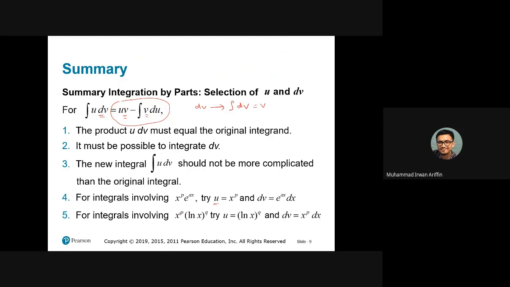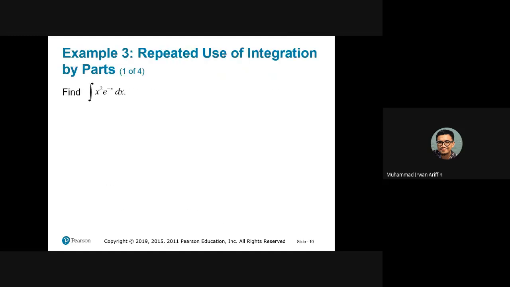For integrals involving the product of x and the natural log, always try to define u to be the natural log. These are all just the first trial and error. If this doesn't work, then you have to change. Maybe you want to use u equal to e to the power of ax, or u equals x to the power of p. But usually this would be the hint, the suggestion.